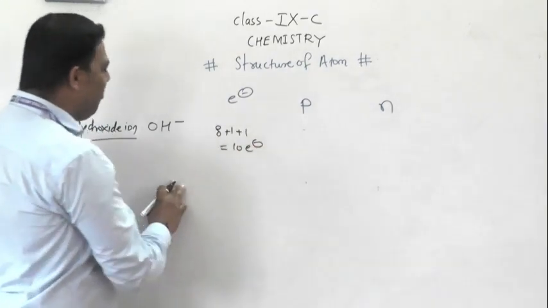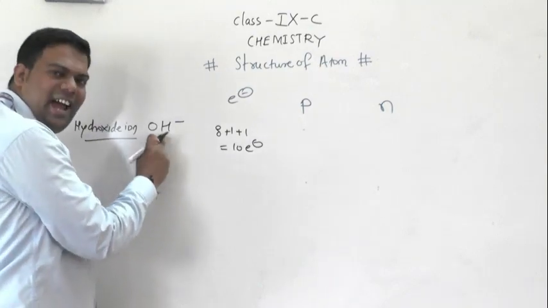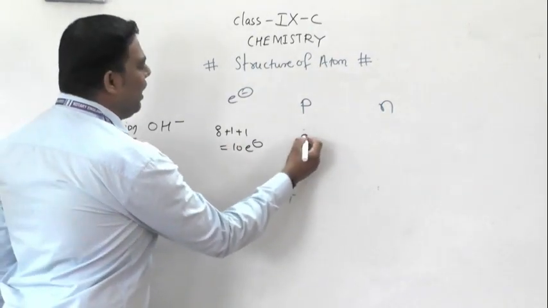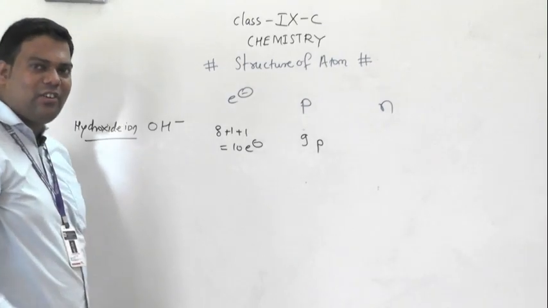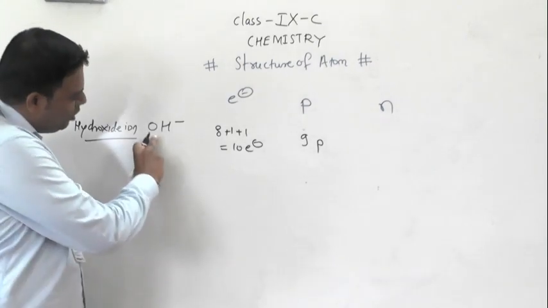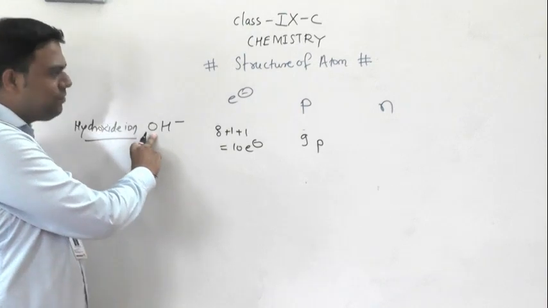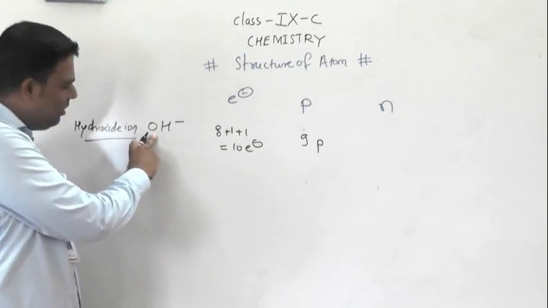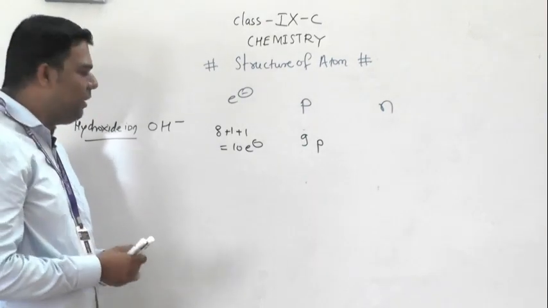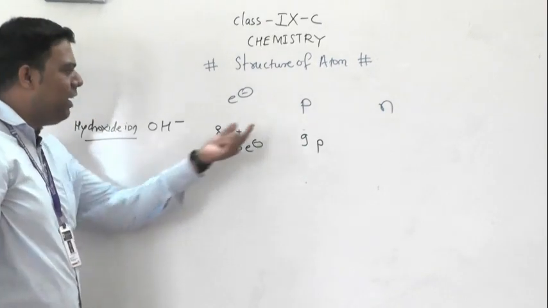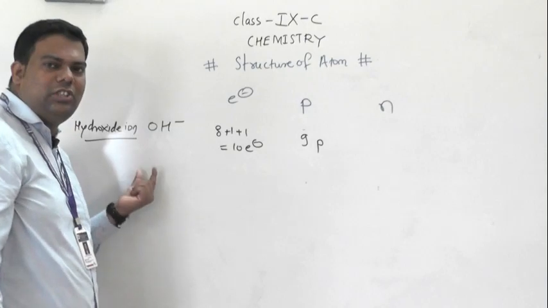So how many protons? Oxygen is 8 and hydrogen is 1, so 9 protons. And neutrons: whenever you are calculating neutrons, oxygen has mass number 16 and atomic number 8, so 8 neutrons in your oxygen.